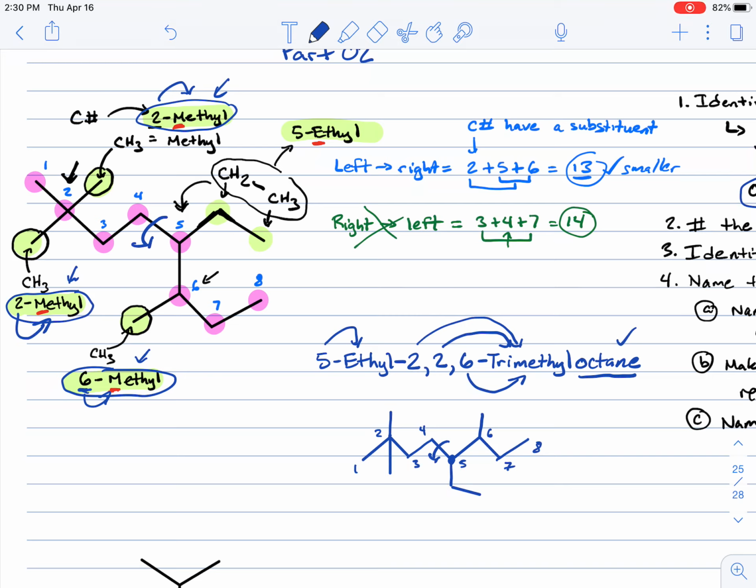And once again, remember, these organic compounds, especially these alkanes, the single bonds can be rotated 360 degrees as long as there's no bulky substituent or steric strain. In addition, remember that these organic compounds are three-dimensional, so you can rotate them any and every which way.